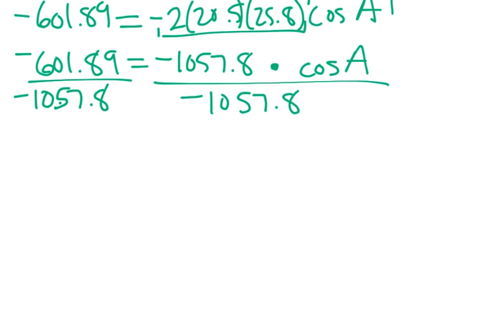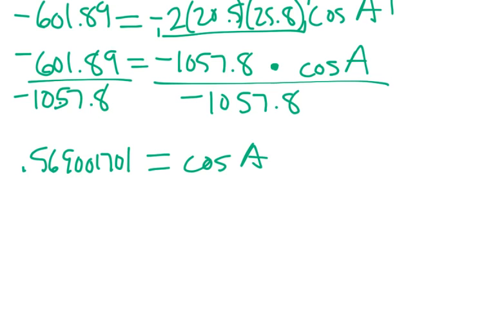Okay? So we've got the cosine of A equals negative 601.89 divided by negative 1057.8. Do that, and we get 0.5690017016. So then we're looking for the angle, so we take the inverse of that whole thing.